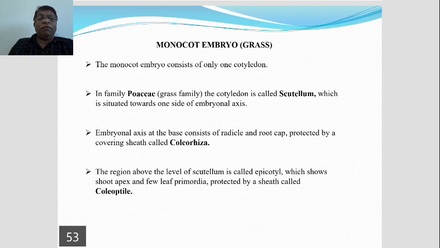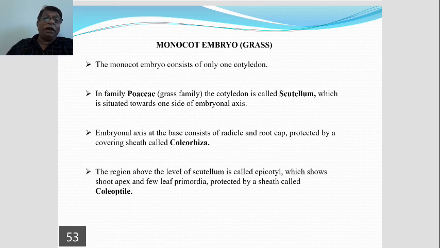Next, if we examine the embryonal axis, at the base it shows the radicle, and it is protected by a root cap.